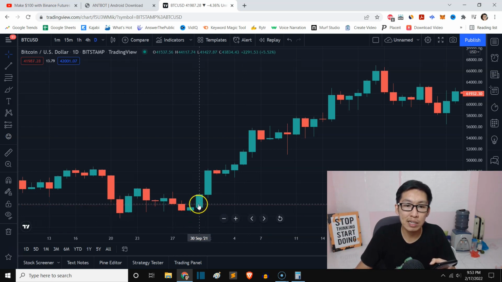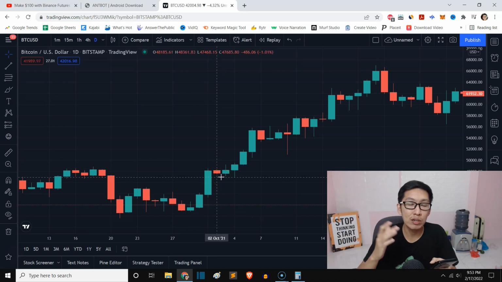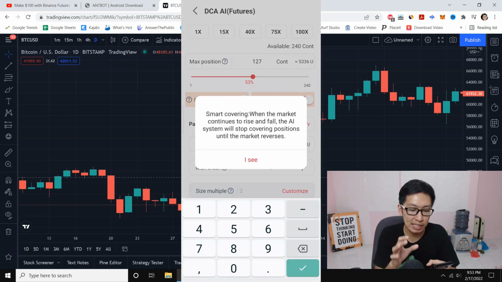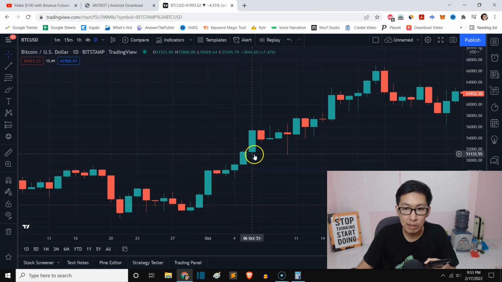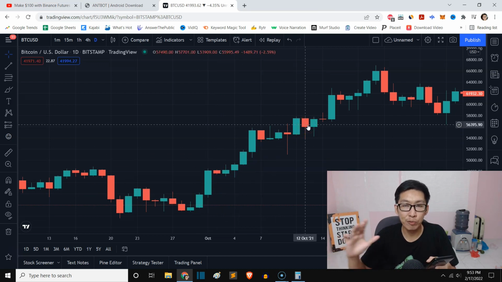So if the market is rising and suddenly has a big spike, the bot will not open position. The AI will detect if there is a sudden price change. If it continues to rise or fall, the AI system will stop covering position until the market reverses. So the bot will see it keeps going up, it will not open position and waste your money.